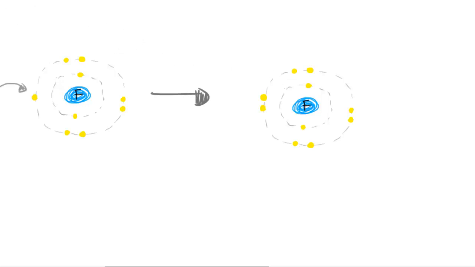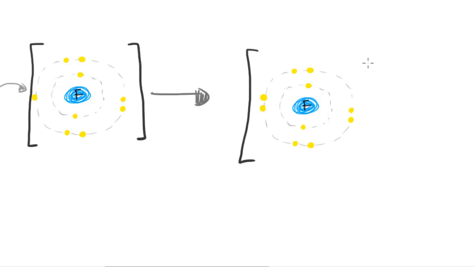So what we do to represent that charge is we draw square brackets on it. I'll draw square brackets also on the first fluorine, which didn't have a charge. And on the fluorine which was produced, I'll draw square brackets too. And we represent the charge outside of the square brackets towards the top right of it.